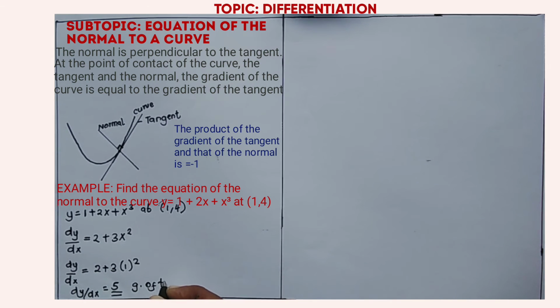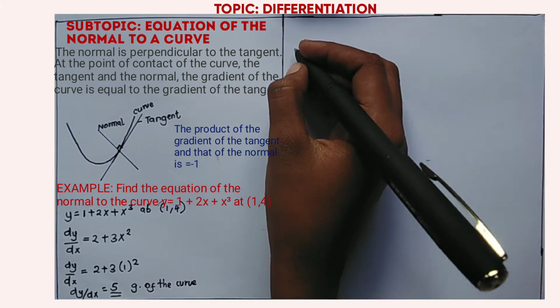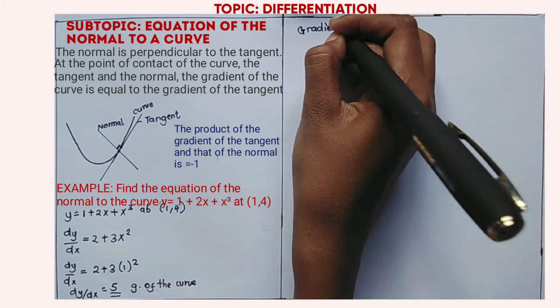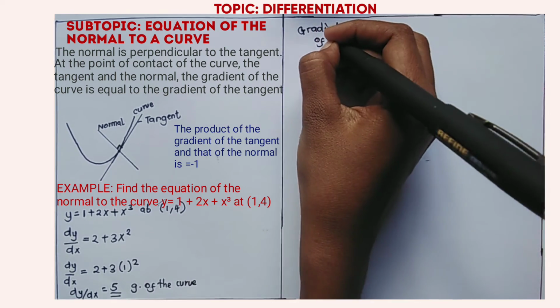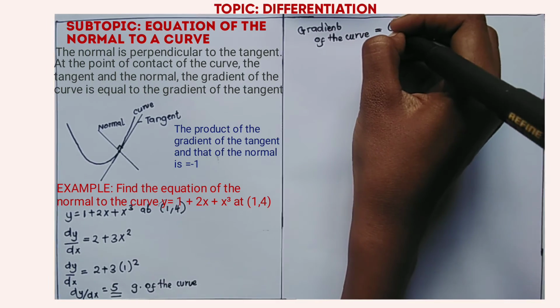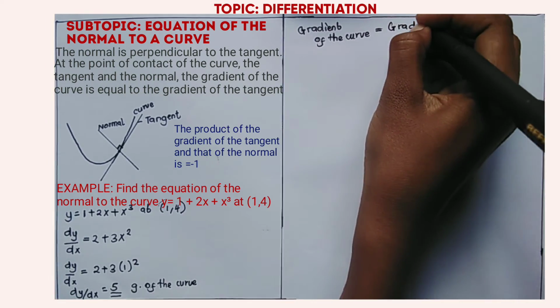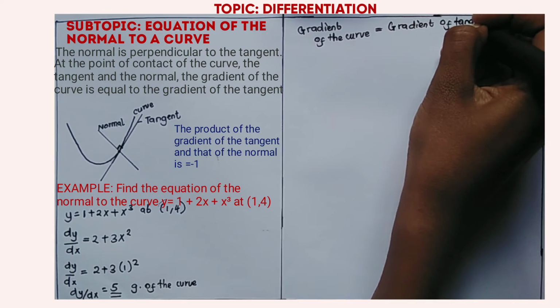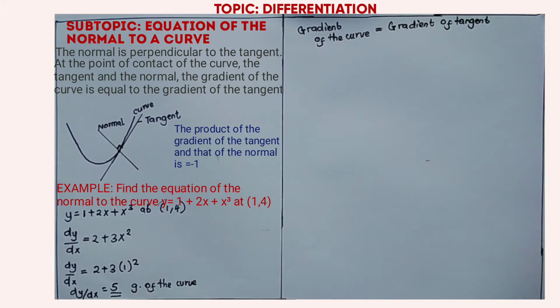As I explained earlier, at the point of contact the gradient of the curve is equal to the gradient of the tangent.